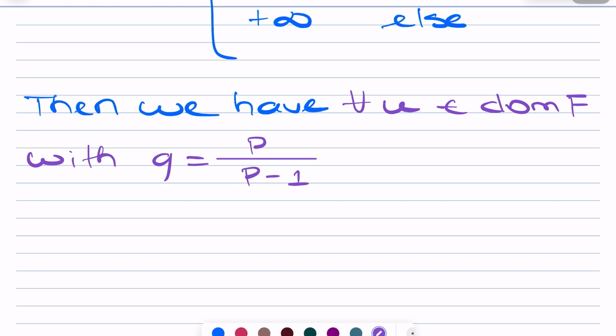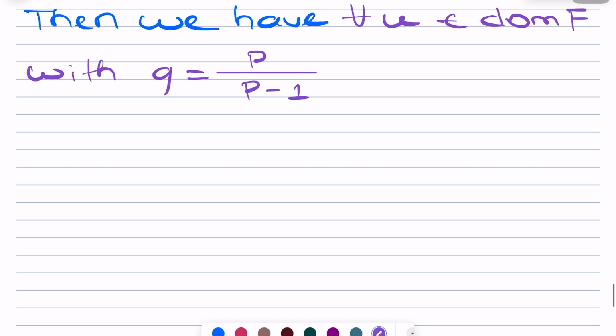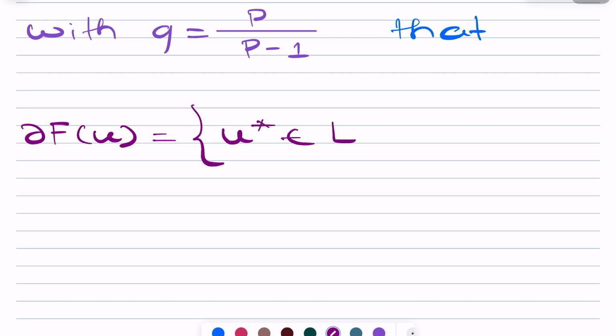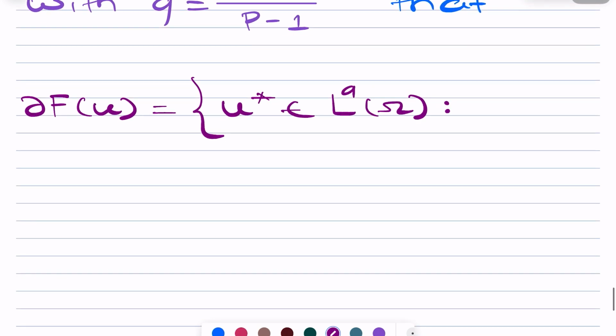We have that the convex subdifferential of our function capital F is equal to the set of linear bounded operators u star living in the dual space of L^p, which is L^q of omega, such that u star at the point x is in the convex subdifferential of little f at the point u of x.